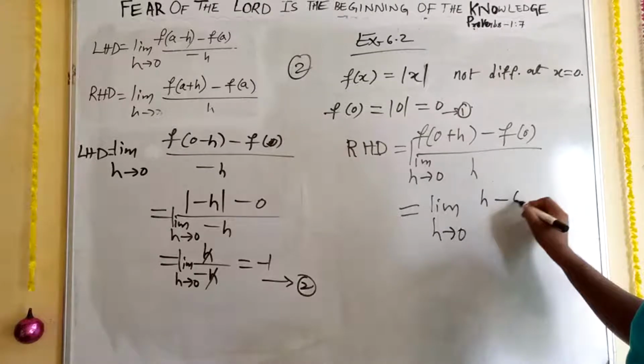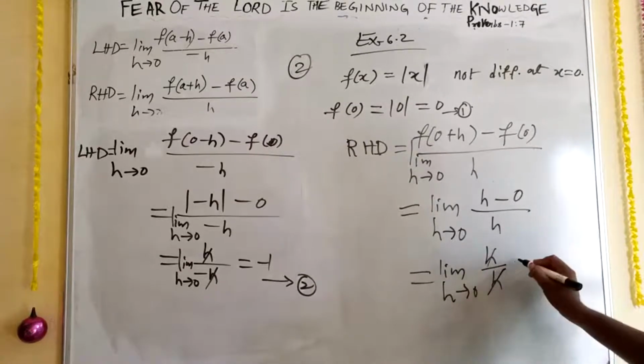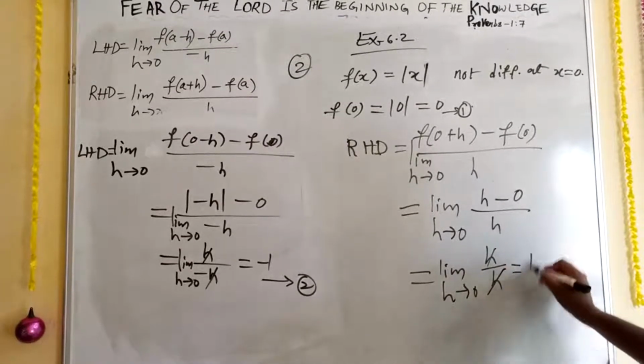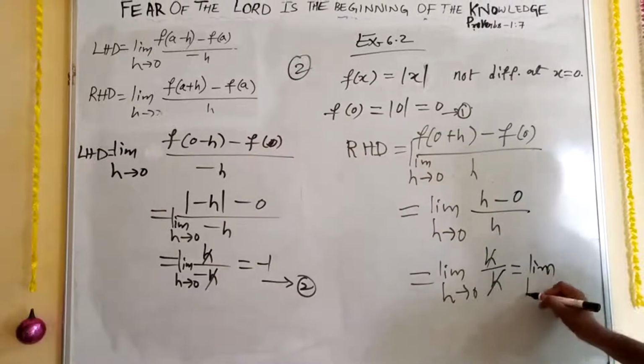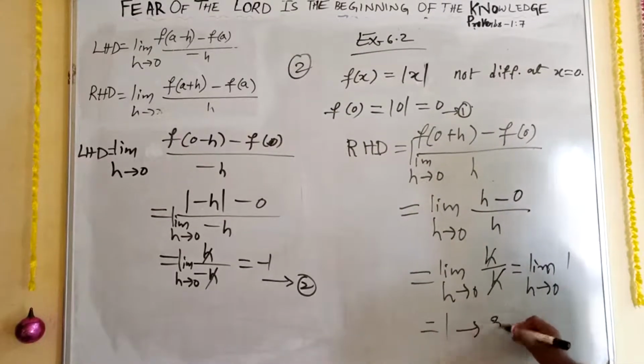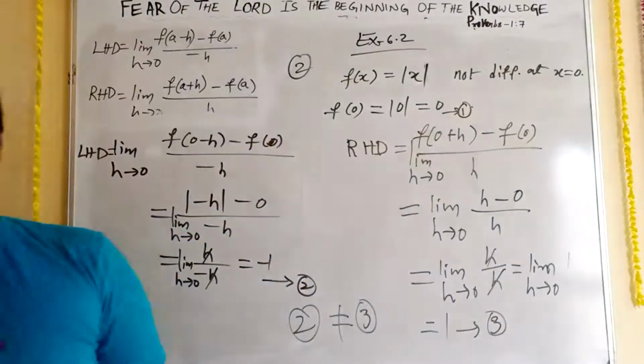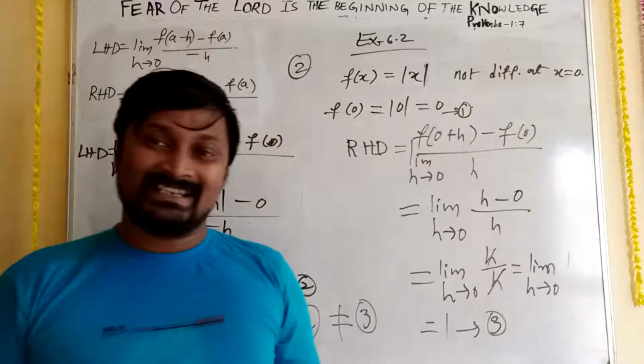So limit h tends to 0, h upon h is nothing but limit h tends to 0 of 1. So that is nothing but 1. Equation number 3 is not equal to equation 2, so it is non-differentiable at x is equal to 0. Hence it is proved.